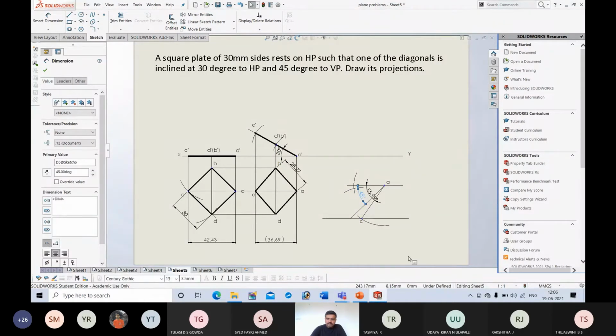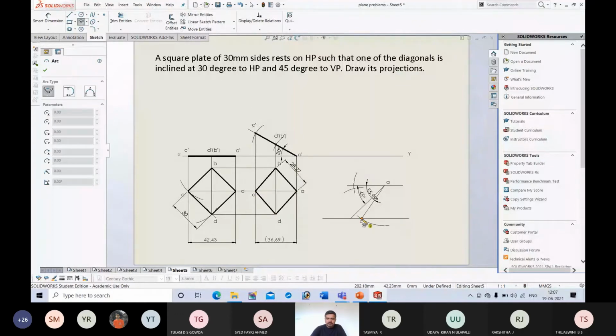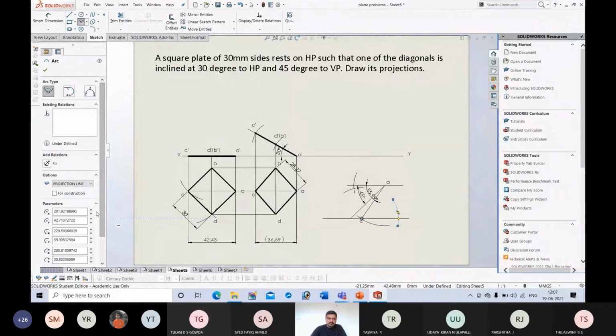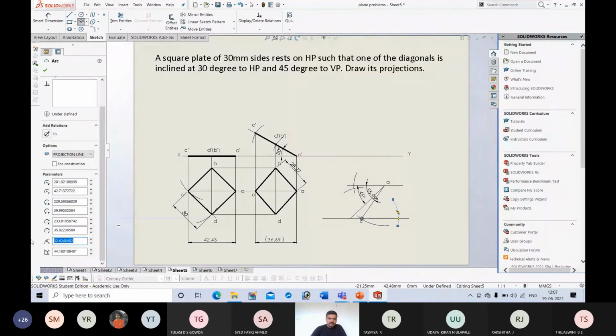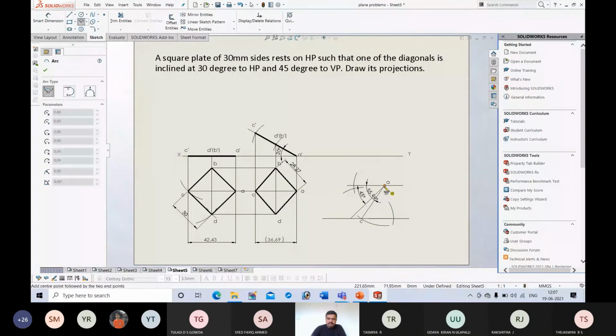Next, this is point B. Similarly I should get point D. Again radial distance will be same, it will be 28.27. If you measure also, you should get the same value. Next, A as center, again same value 28.27.